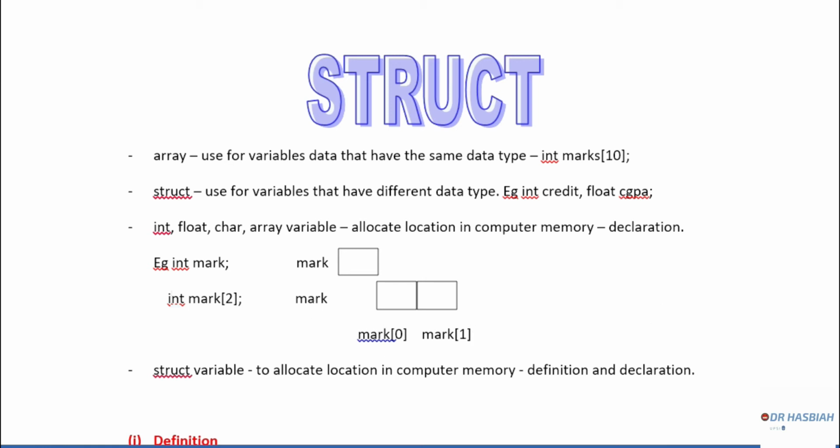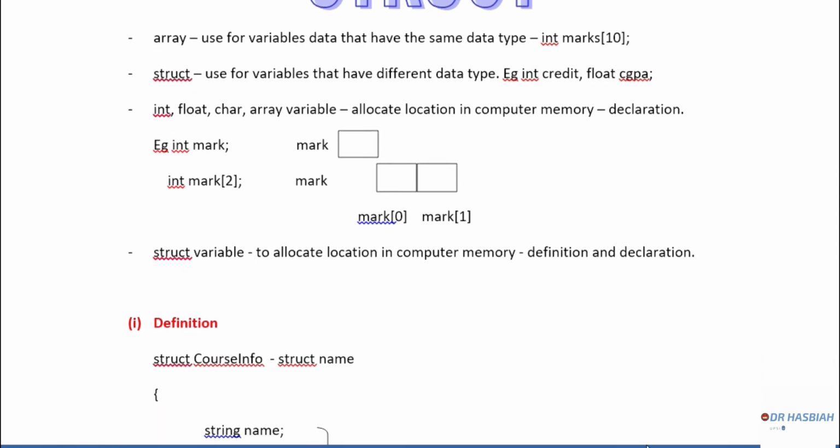Now we are going to see the struct. Let's say you have a struct variable. The same goes for struct: if you use a declaration, we want to allocate a location in our computer memory. But struct is a little bit different if you compare it with the variables that we had before this.